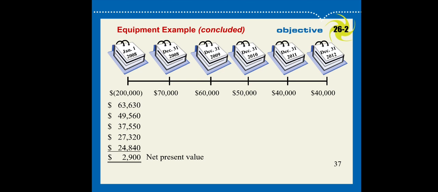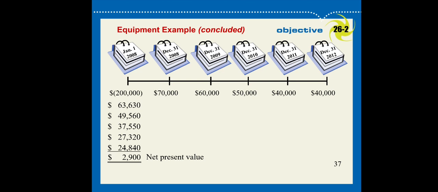And then you can see here a list of 5 net cash flows for 5 years. Net present value of the cash flow for 5 years. Those are cash in. Cash out 200,000, and then there are 5 cash ins.